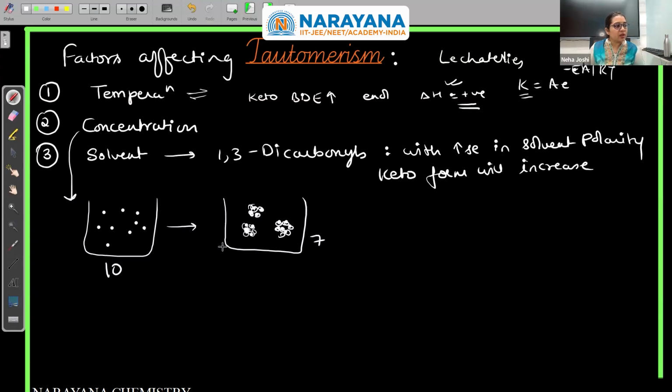And any equilibrium is always affected by concentration, again for Le Chatelier reasons only, that is where the equilibrium will shift. But this is limited to certain cases, not in general. Is it fine?